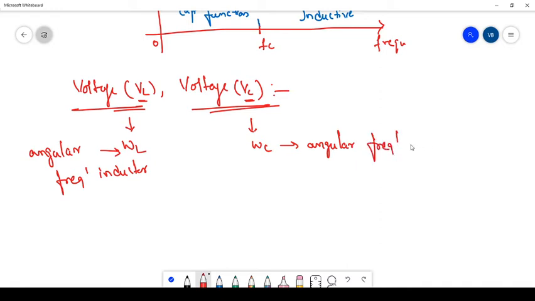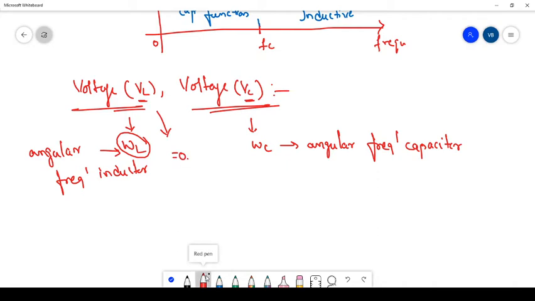While calculating the angular frequency of an inductor, we take the derivative of the voltage and equate the derivative of that equation with 0. Once you go through that, you can understand.